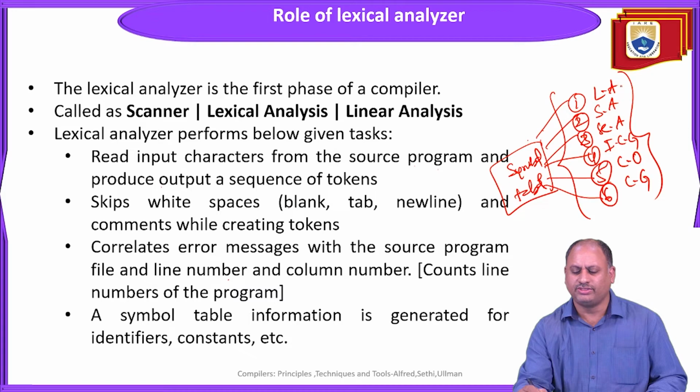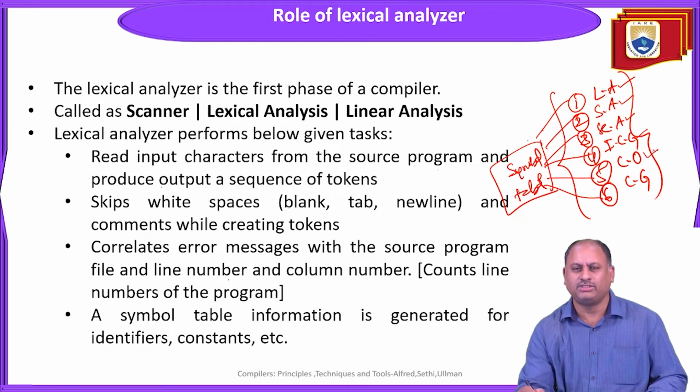Each phase of the compiler delivers a different type of output. For example, the lexical analyzer generates tokens. The syntax analyzer generates the syntax tree. The semantic analyzer generates the modified, updated syntax tree. Intermediate code generation delivers the intermediate code.